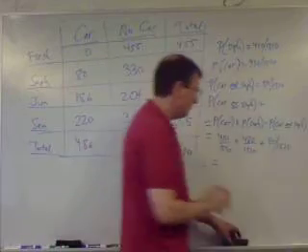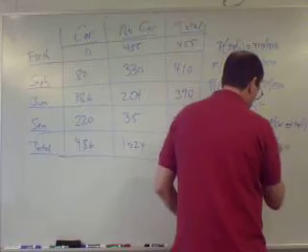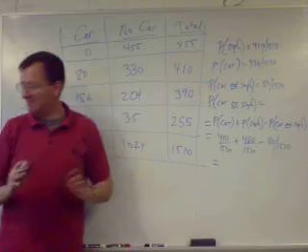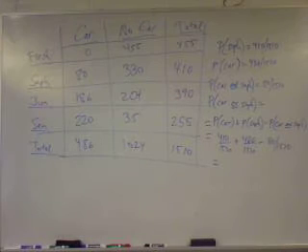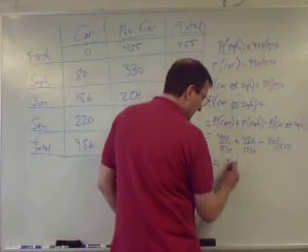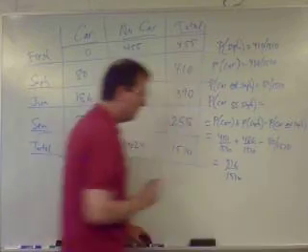I'm sorry, minus. Okay. So, 410 plus 486 minus 80 is 816 over 1510.